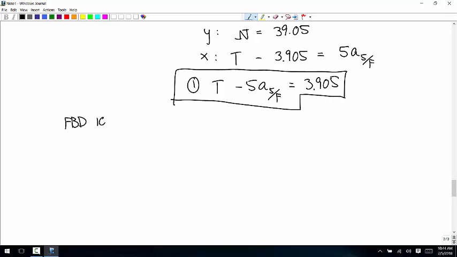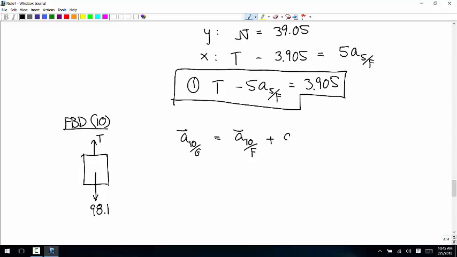And then the hanging mass has a weight of 98.1 and upward force T. And the acceleration of the 10 relative to the ground is equal to the acceleration of the 10 relative to the floor plus the acceleration of the floor relative to the ground. And this one is 0, -2.